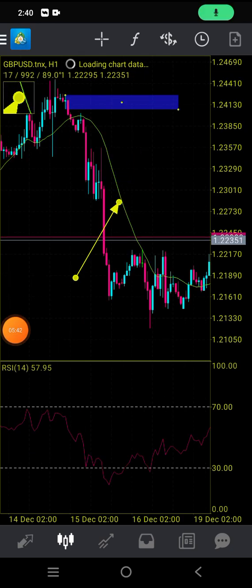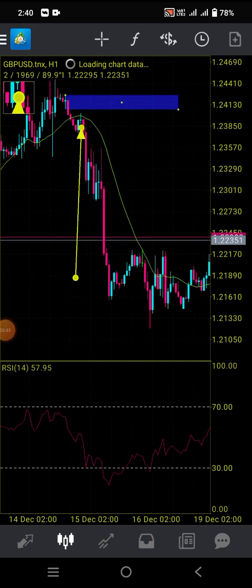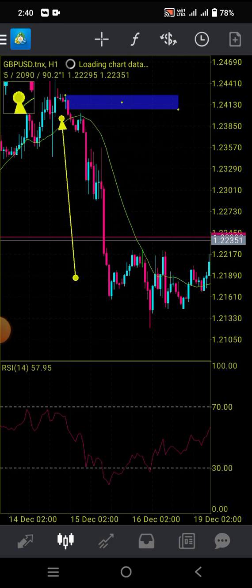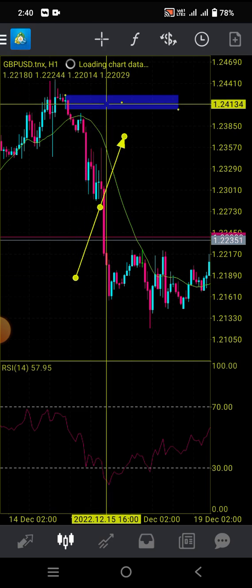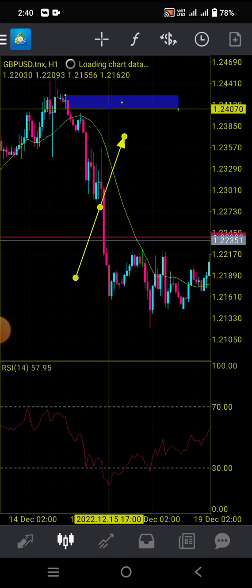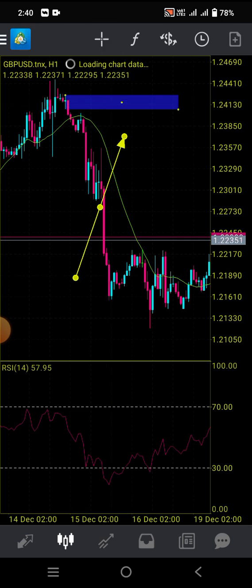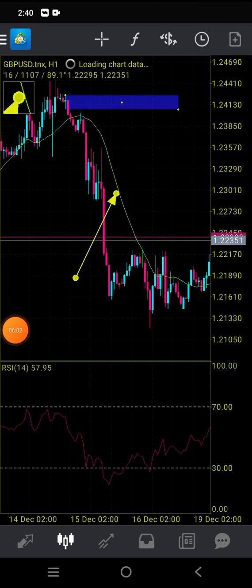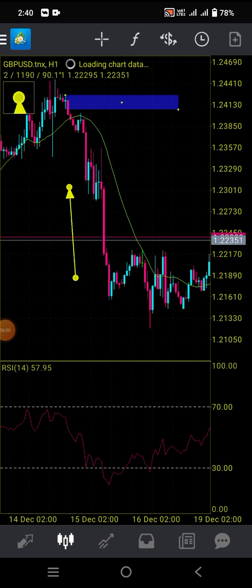As you can see, this 100 pip zone now becomes only, mark this in H1, a simple engulfing sell. The 100 pip zone becomes only a 15 pip zone now. Friends, I hope you learned how to mark a large engulfing zone into a small engulfing zone.